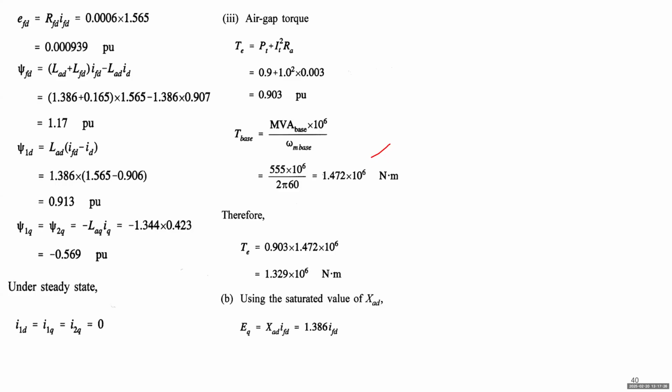To calculate air gap torque, and also base, you can calculate the electric torque, mechanical torque, using the saturated value of LAD. LAD multiplied by omega will be SAD. So in per unit, that will be same. So you're going to calculate the EQ.